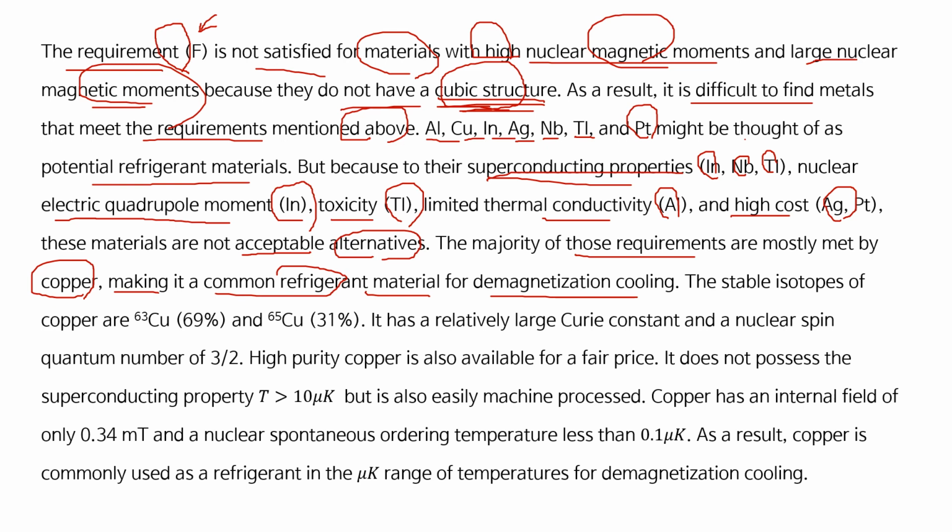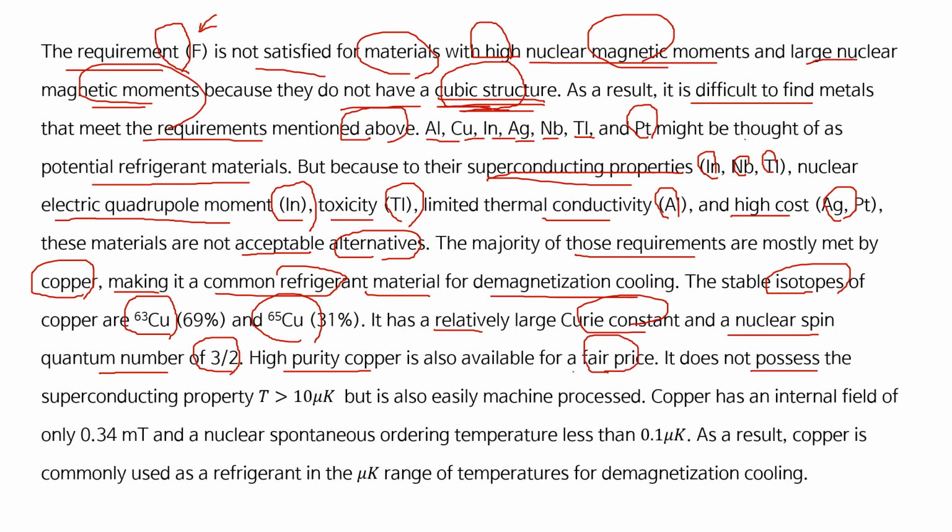The stable isotopes of copper are copper 63 and copper 65. It has a relatively large Curie constant and nuclear spin quantum number of 3/2. High purity copper is also available for a fair price.